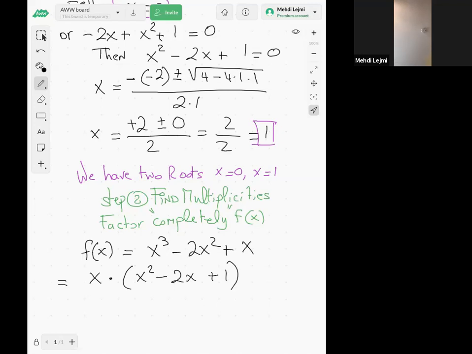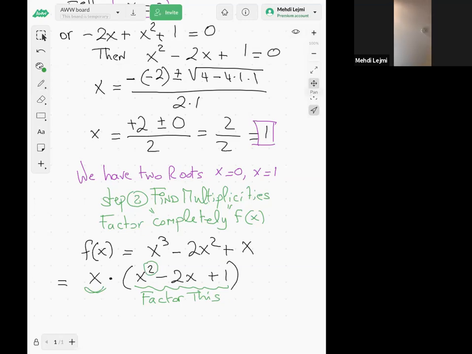Now, the first factor is x, right? And there's nothing else we can do here. It's just x times x squared minus 2x plus 1. So this one is actually a quadratic function, right? So we can factor this one again, because it's a square. So you can try to factor this quadratic function, right?